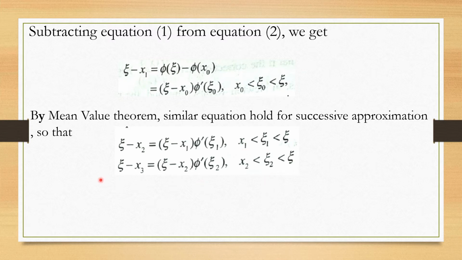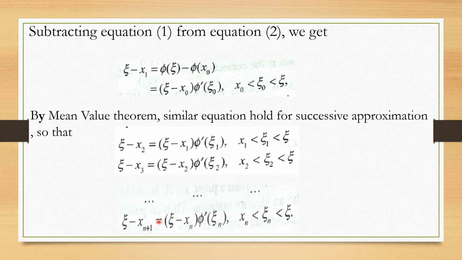Similarly, xi minus x3 will be equal to this expression. These all are obtained by using the mean value theorem. Here we note that xi0 lies between x0 and xi, xi1 lies between x1 and xi, and similarly xi2 lies between x2 and xi, and so on.